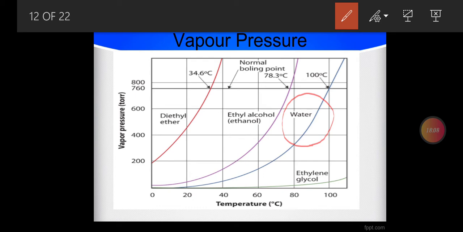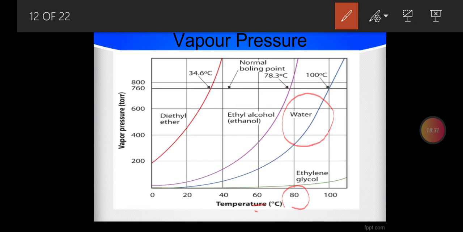So see that with the increase in temperature, it has very little vapor pressure even at 60, even at 80 degrees Celsius, and the vapor pressure is increasing slowly for water.